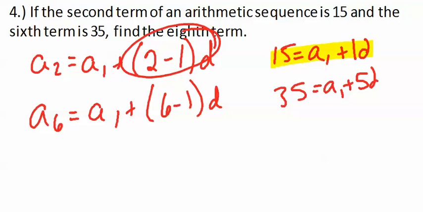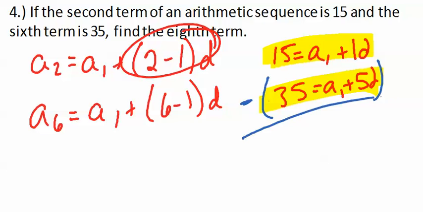And what you should notice right here is that this is going to be a system of equations. We have two variables in two equations, so we should be able to figure out what one of the variables is quite easily. So what I'm going to do is subtraction. I'm going to subtract the 2 because this will cancel out right here.